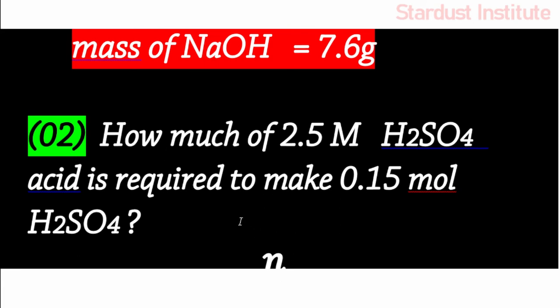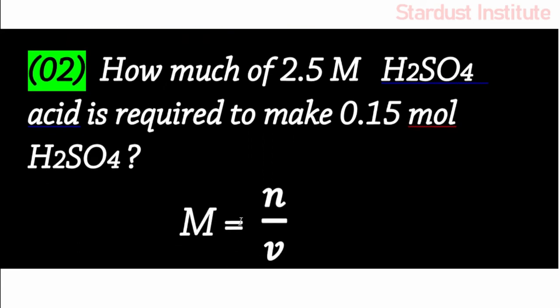Here also we can use the formula of molarity: M equals n divided by V. But volume V is the denominator. In this way we can't find the answer. Therefore we have to rearrange the formula.